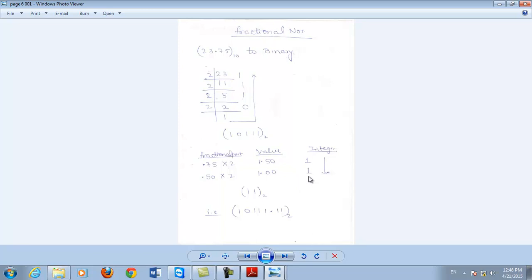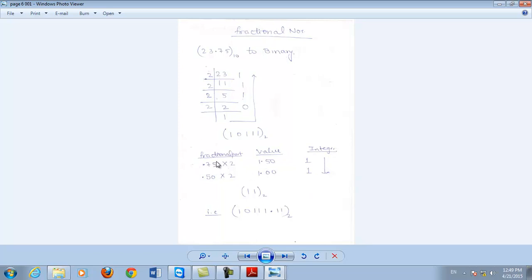This calculation is performed until you achieve the same number, that is 0.75, or until you achieve 00 in place of 0.75. Or you can stop the calculation after a maximum of 2 to 4 calculation steps. Here there are 2 calculations, that is 1 1.